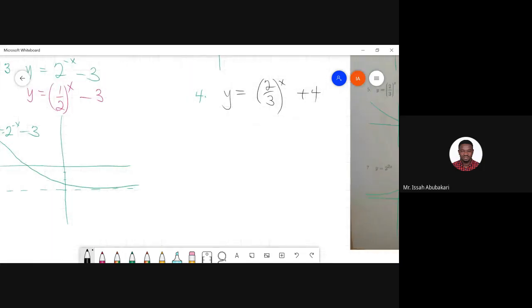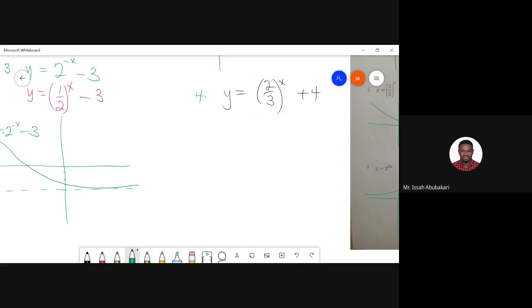We'll do the same analysis. This one will give us a decreasing graph because it is a fraction, an improper fraction, right? So it will give us a decreasing graph, and then we plot it on the y-axis where it is equal to 4. Now let's do our plotting.